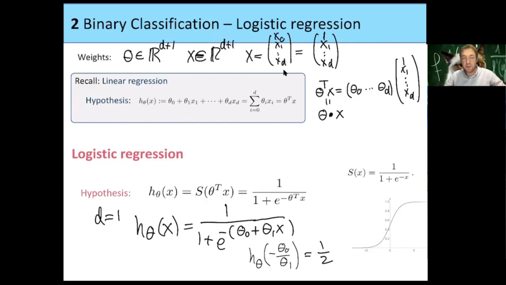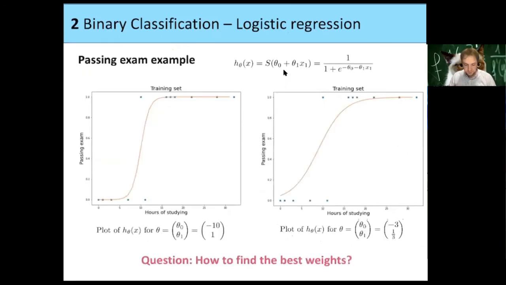And then we said we want to minimize this function. But now we will do it a little bit differently by using the so-called maximum likelihood method. And for this, we need to say what we mean by likelihood. But first I do some example.